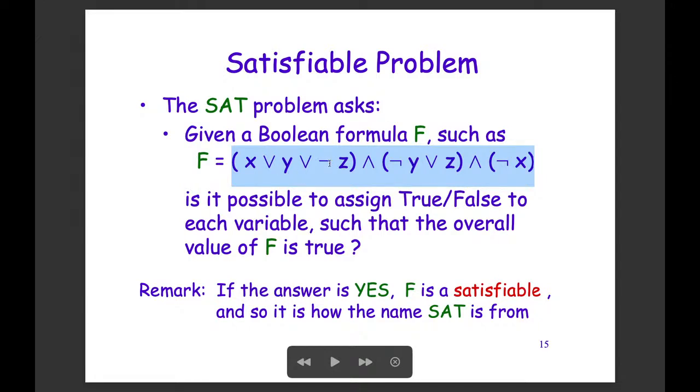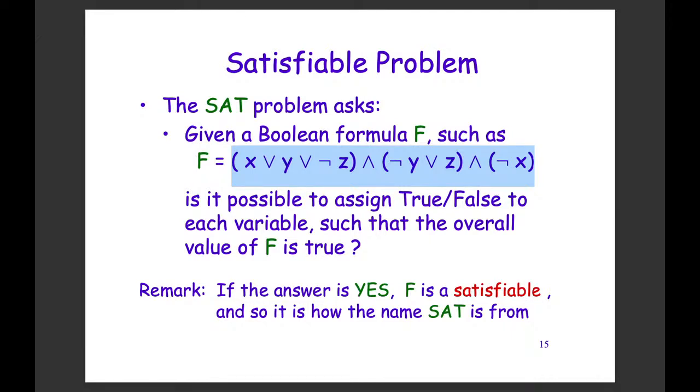And if z is true, then this is also true. So x false, y true, z true will make this true, this true, and this true. In the end, the formula will be true and true and true, so it is true. In such a case, this formula is satisfiable.